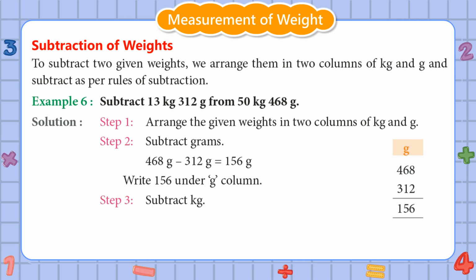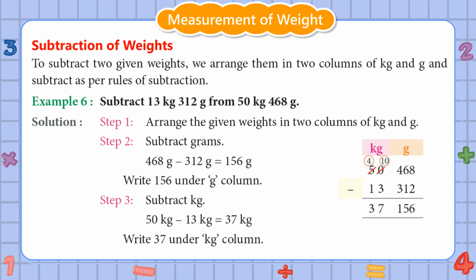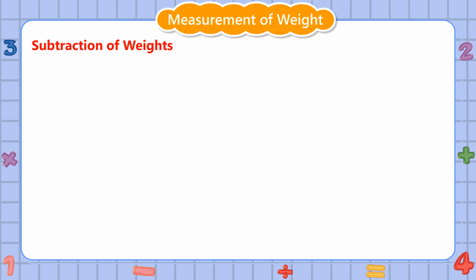Step 3. Subtract kilograms. 50 kilograms minus 13 kilograms is equal to 37 kilograms. Write 37 under kilogram column. Answer: 37 kilograms, 156 grams.